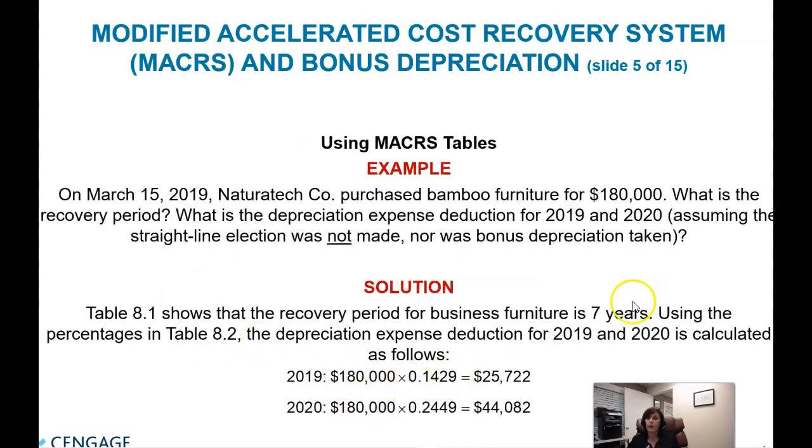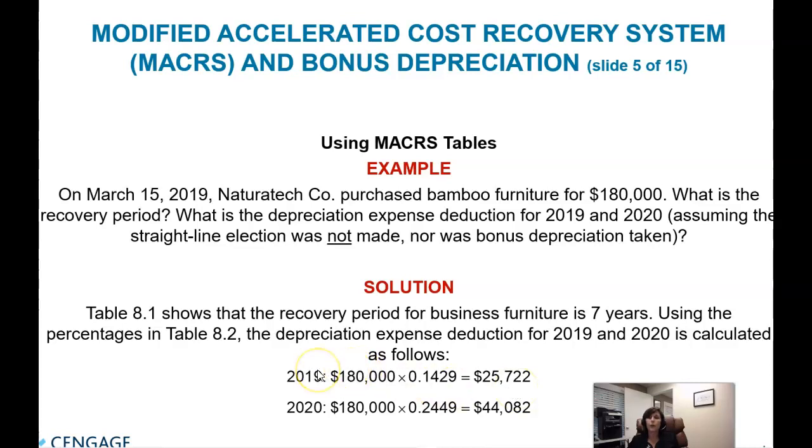You will see here at the bottom that for 2019 we multiply that 180,000 by 0.1429, and then that gets us our year 1 depreciation. And again, notice how much less we get on that year 1 depreciation than we get on the year 2 depreciation using that multiplier, and that's because of the half-year convention that is being applied here.